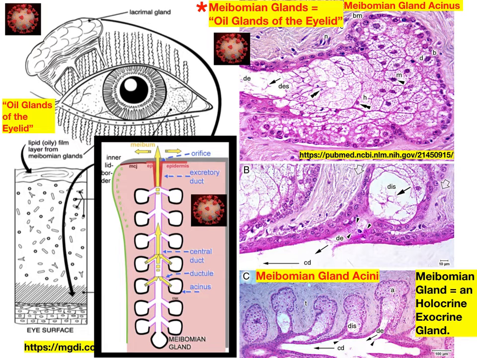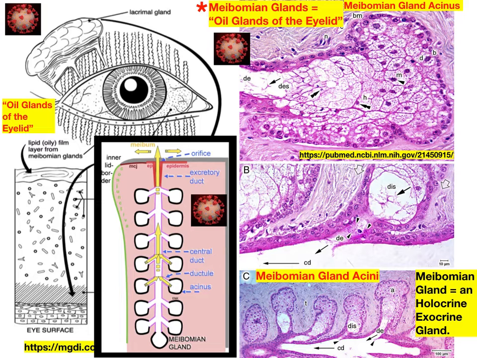This is very important to consider because it is in the parenchyma of the meibomian gland that parasympathetic nerve endings from the facial nerve, more specifically the parasympathetic fibers coming from the greater petrosal nerve, cranial nerve 7, make synapses on the epithelial cells of the acini.